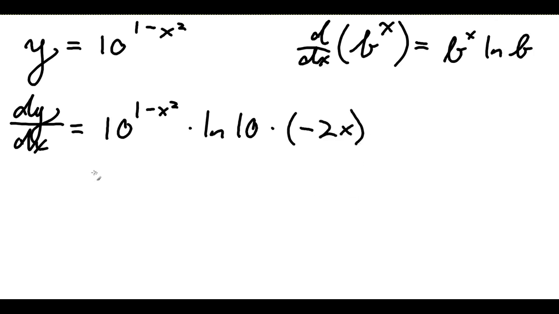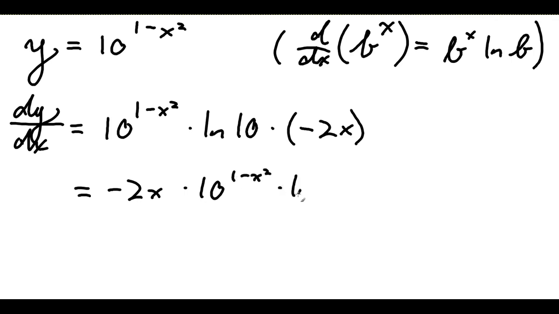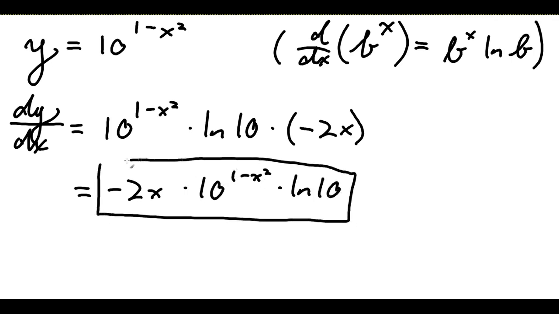So we get basically the same thing, but with less algebraic manipulation if we have just remembered this formula. And again, we would still want to bring that negative 2x up front to make that a little bit easier to read, probably. But we'll get the same result with less work if we happen to remember this formula.